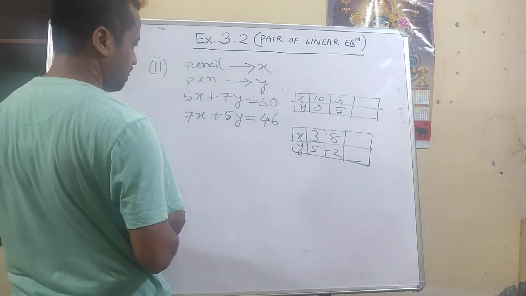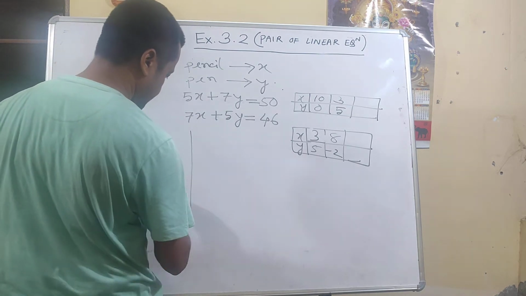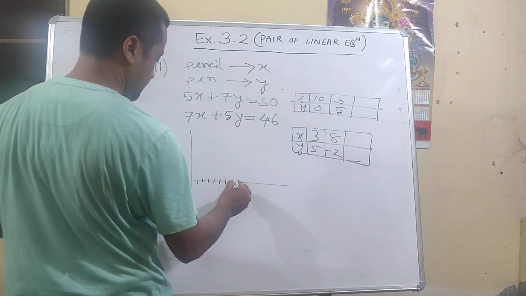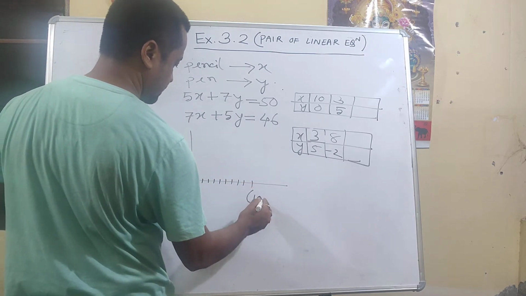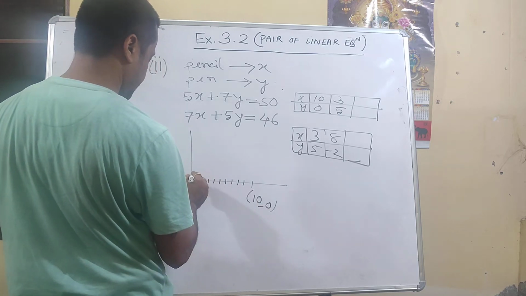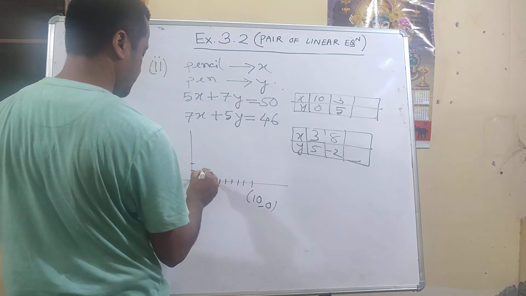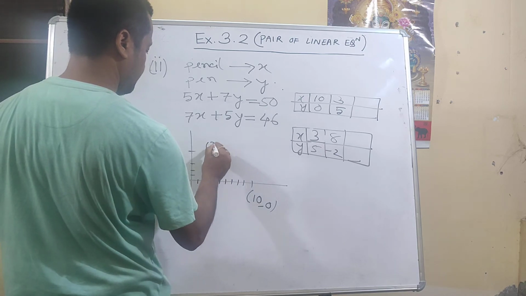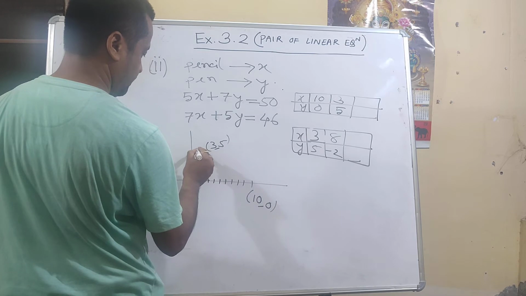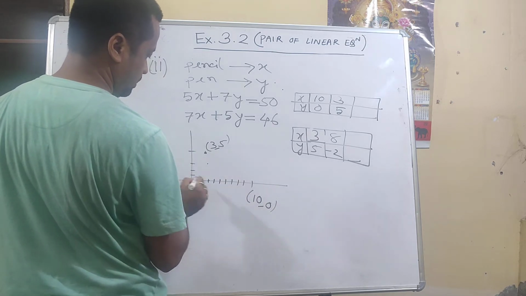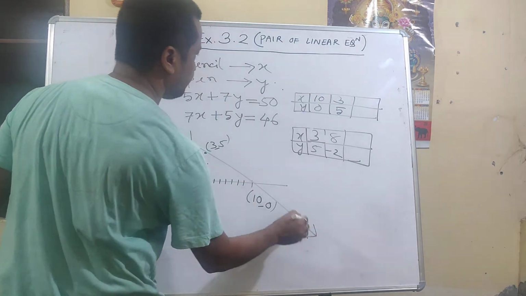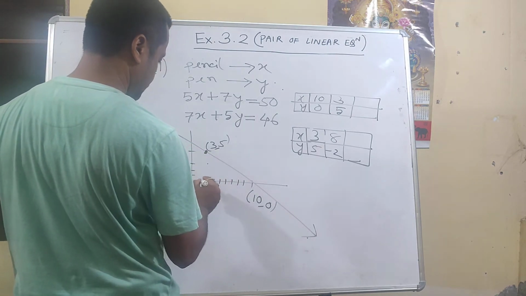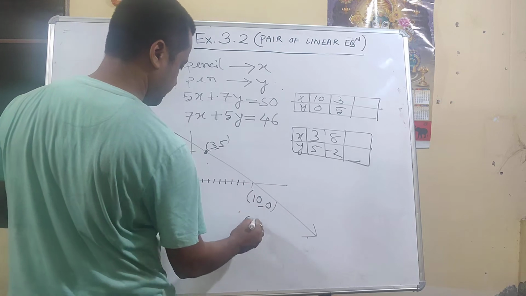So now draw these two graphs. Plot 10, 0 and 3, 5, then 3, 5 and 8, minus 2.